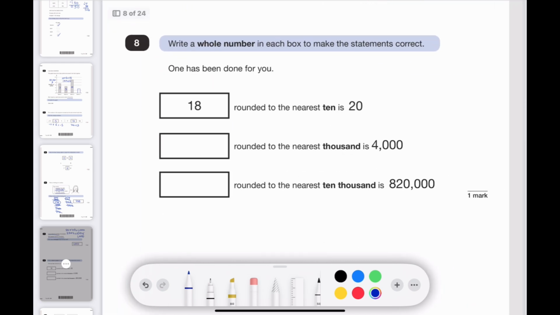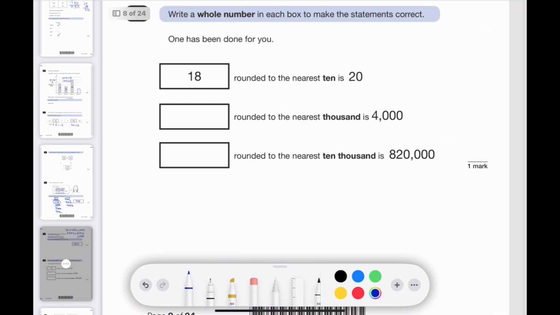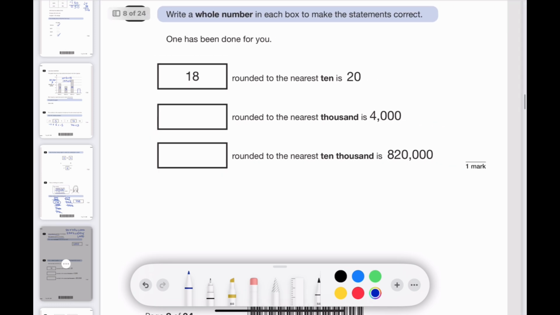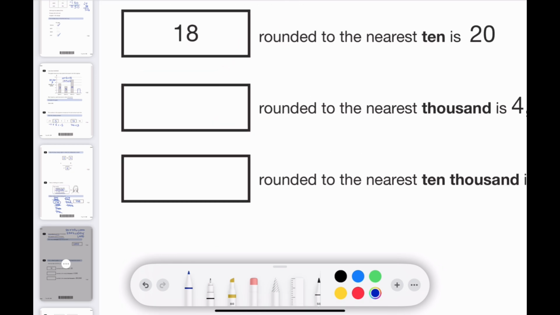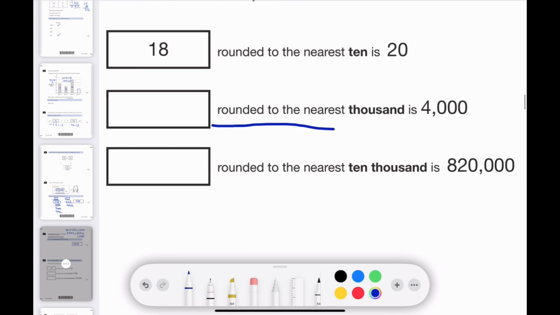Question 8. Write a whole number in each box to make the statements correct. One has been done for you. So in each box, we need to write a number that rounds to the nearest 1,000 or 10,000. So let's start with this one.